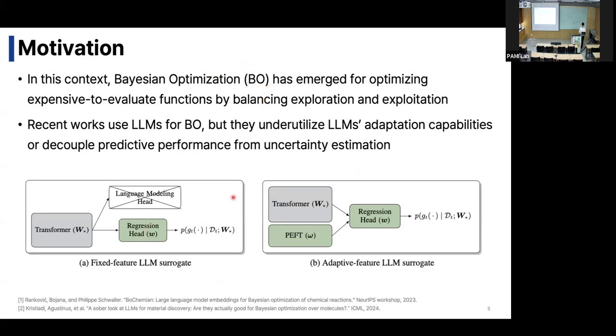However, such approaches underutilize the LLM's adaptation capabilities. Moreover, they tend to decouple prediction performance from uncertainty estimation, which ultimately limits the effectiveness of optimization.